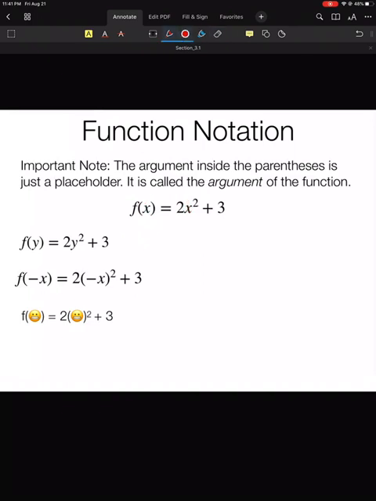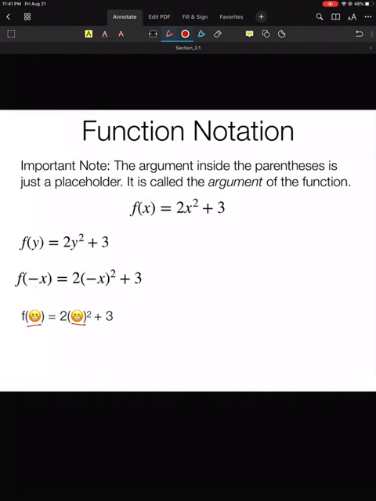If I substitute in negative x instead of just x, then what used to be x turns to negative x. And maybe x and y are confusing to you. Even simpler, f of smiley face is equal to 2 times smiley face squared plus 3.